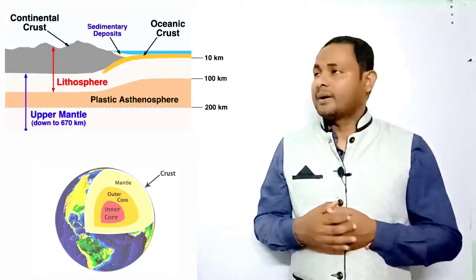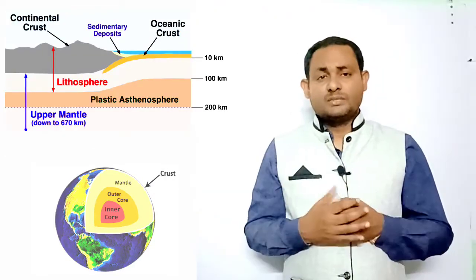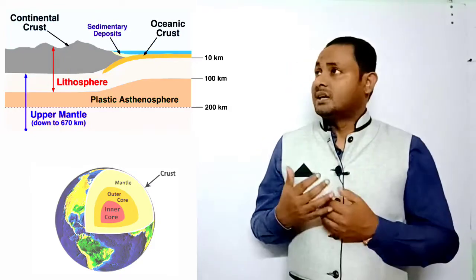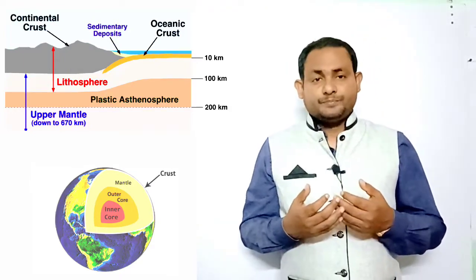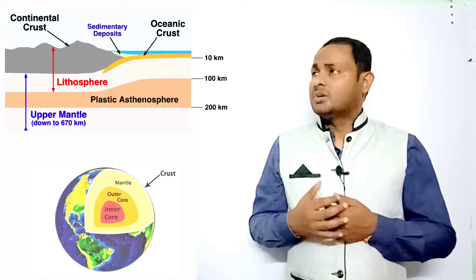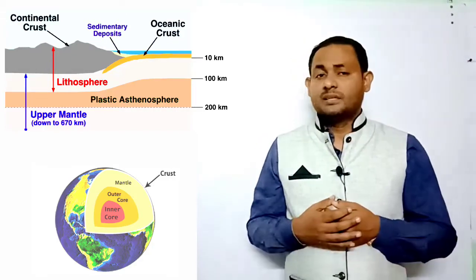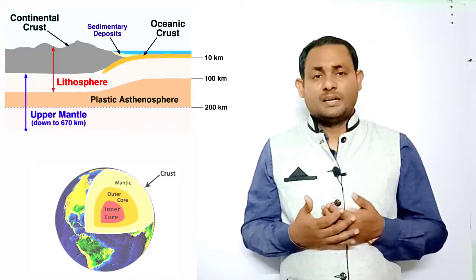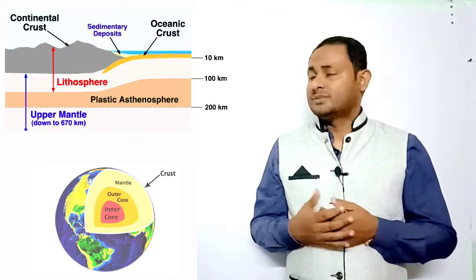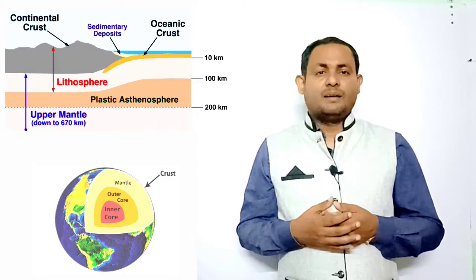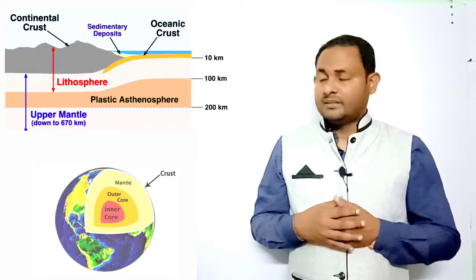The mean thickness of the oceanic crust is 5 km. The mean thickness of the continental crust is around 30 km, and it is much thicker in the area of major mountain ranges, extending up to 70 km in the Himalayan region.